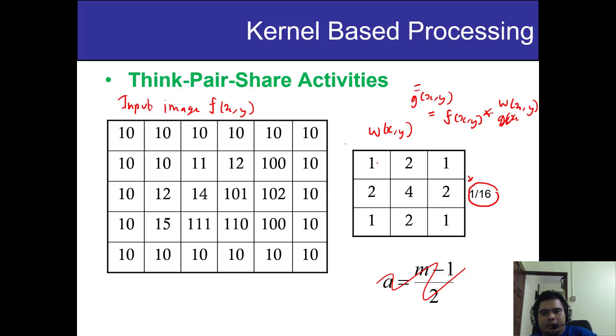This one should be 1/16, this one 1/16, 1/16, this one 2/16. Just remember that when this factor is outside. In other words, if you want to put this factor inside, you just delete this one, and now the coefficients are in this form.